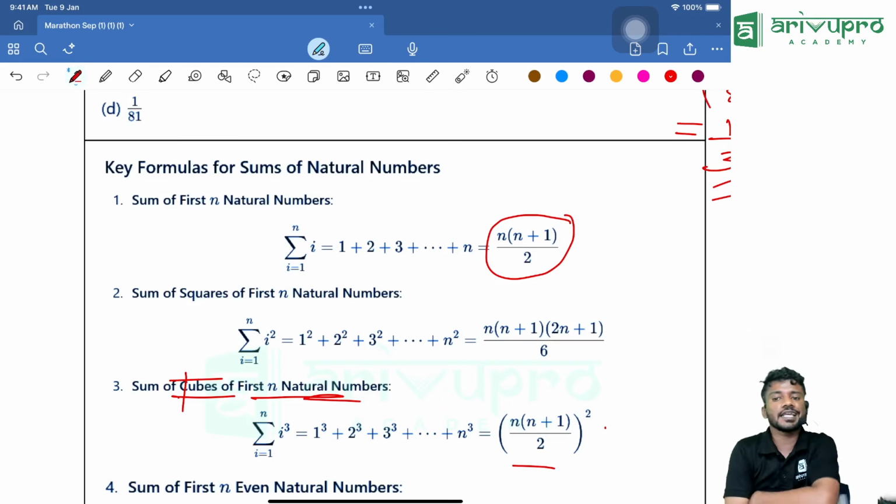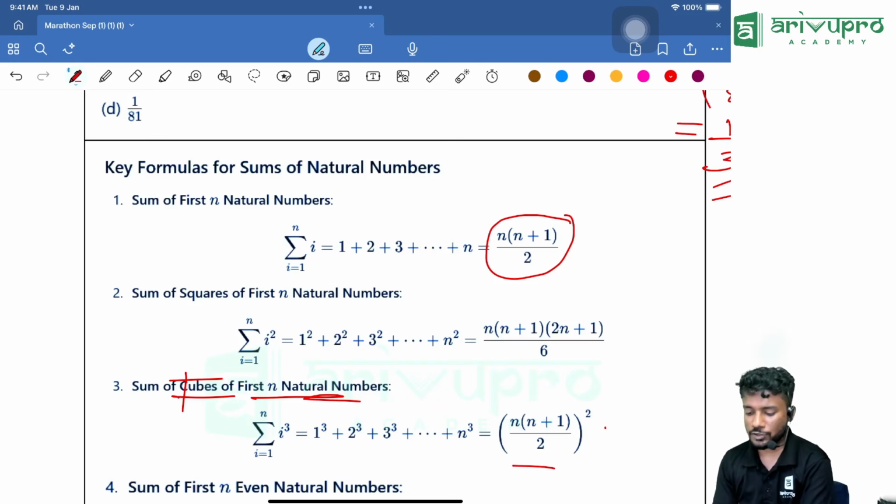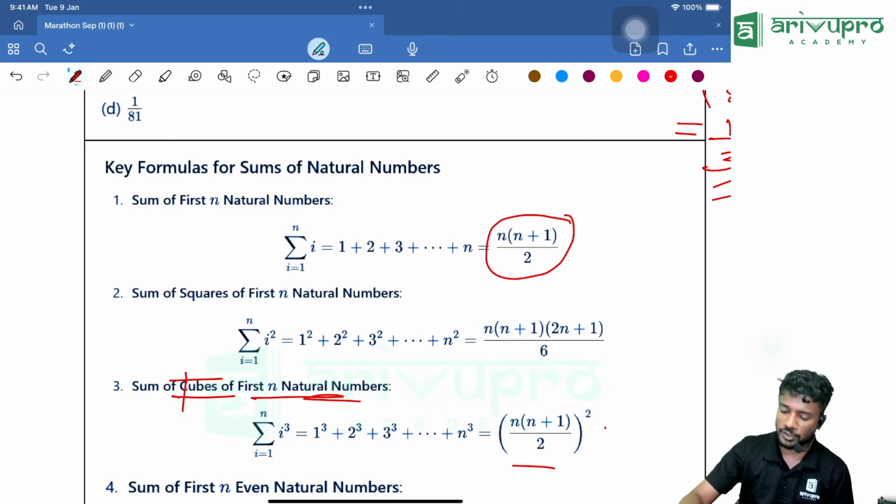Sum of first n natural numbers is what? n into n plus 1 by 2. Sum of the squares of n natural numbers is what? n into n plus 1 into 2n plus 1 divided by 6. Then sum of cubes of first n natural numbers is what? n into n plus 1 by 2, the whole square.